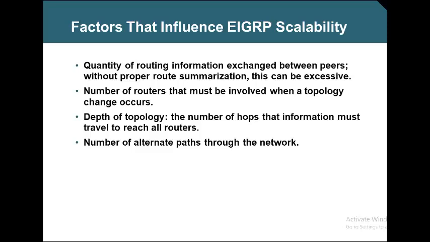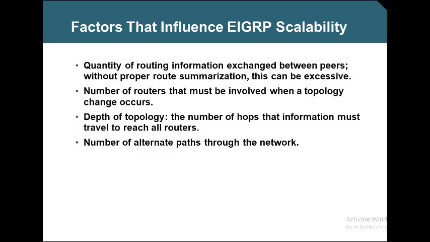Route summarization definitely improves the quality of the topology. How? When you summarize the routes, the routing table is going to be smaller, so less memory is consumed. I showed you the other day the show IP route summary command. When you use the summary command, you will see how much memory EIGRP routes have taken.